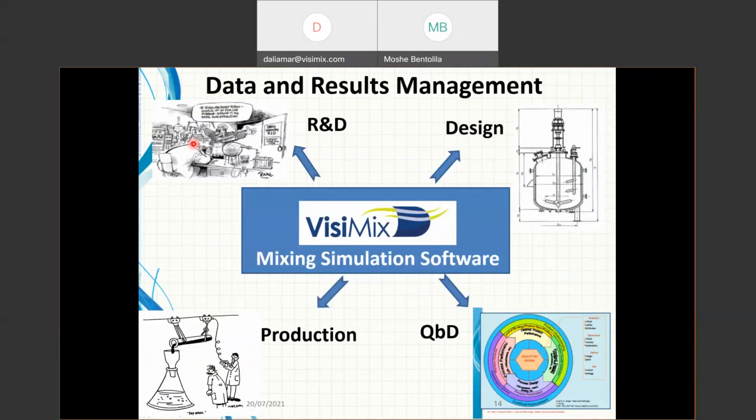Take care that sometimes we are not catching all the phenomena that happen there. But if you do it this way and you integrate the mixing phenomena as part of the process phenomena, you will of course be able to design a better way, have good production, and justify what you are doing.